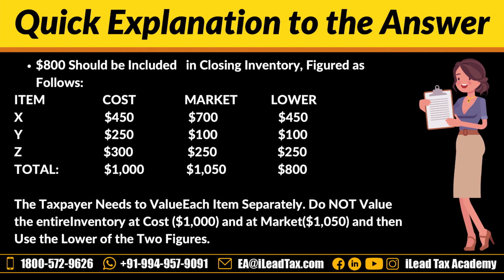The other item, Y, cost is 250 and market value is 100. Here we have to take the market value, which is lower, 100. And item Z cost is 300, market is 250, so the lower value is 250. So here we need to take the value for each item separately, not as a total. So 800 is the answer. Let's go to the next question.